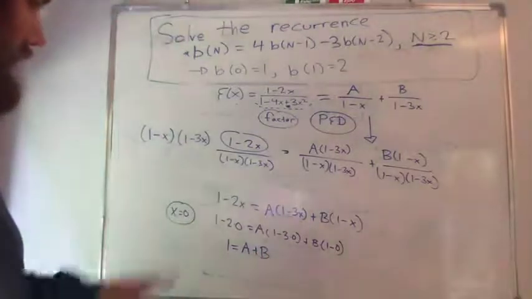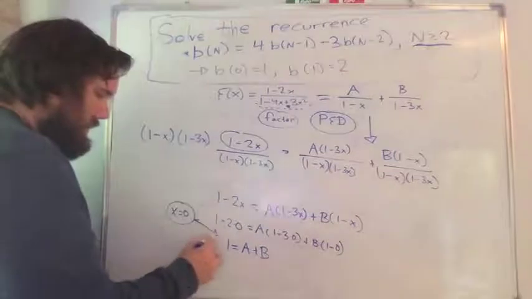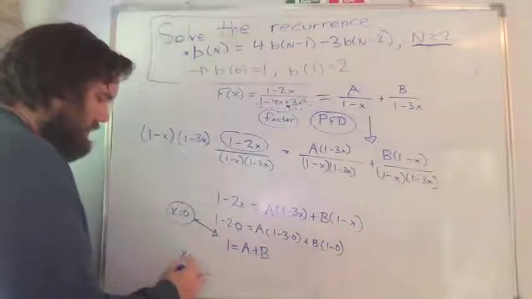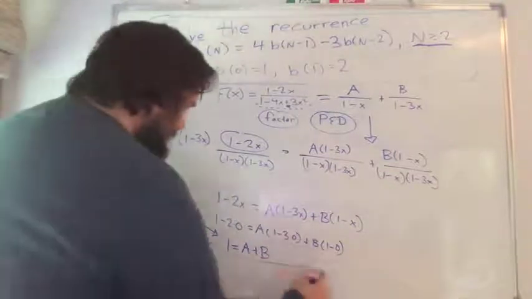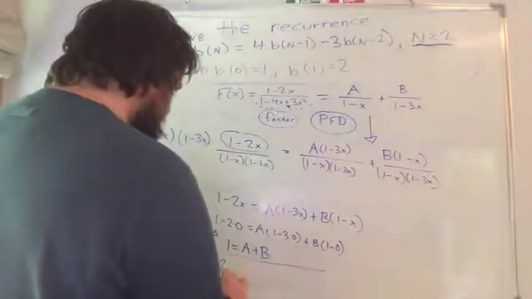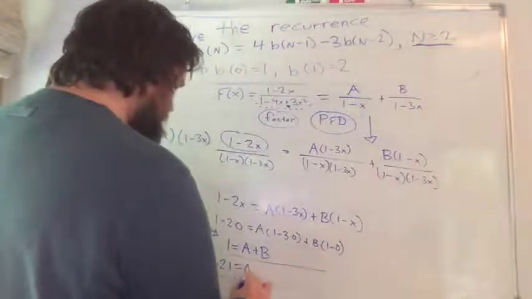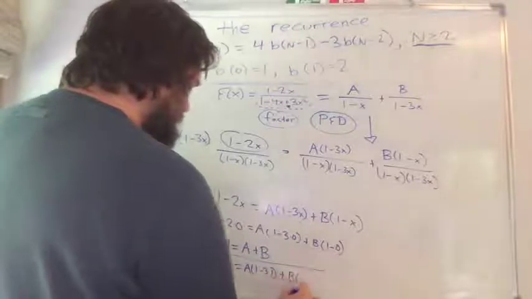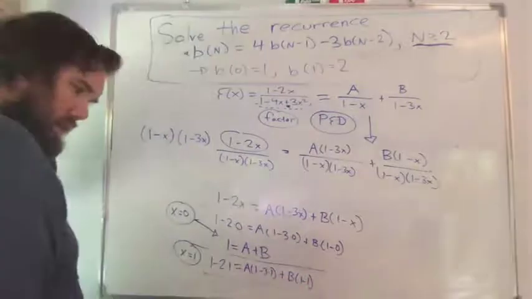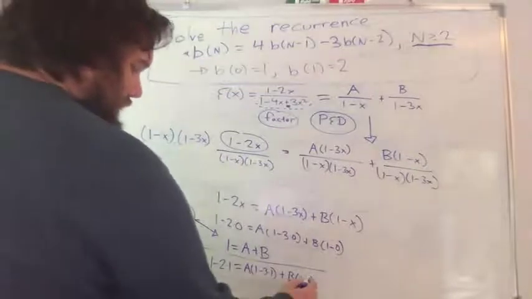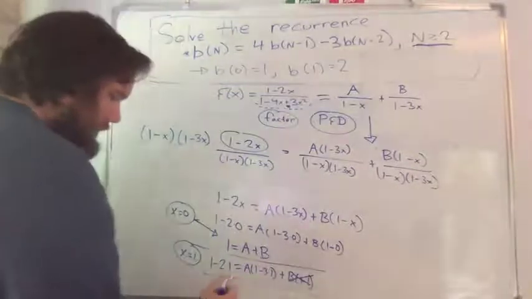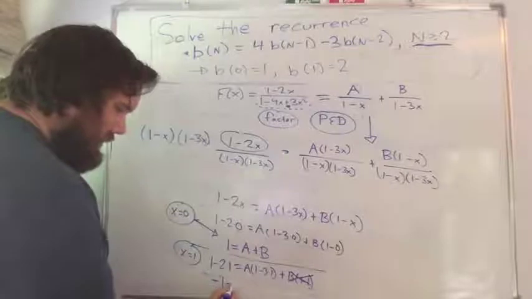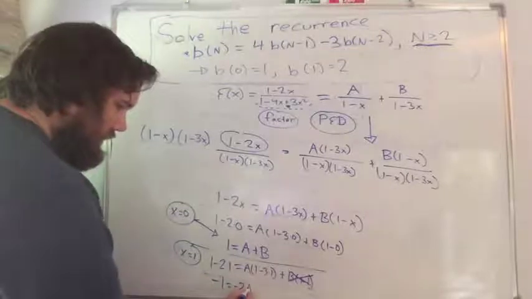And if I plug in x equals 1, I get 1 minus 2 times 1 equals a times (1 minus 3 times 1) plus b times (1 minus 1), which makes the b term go away, and so I get negative 1 equals negative 2a.